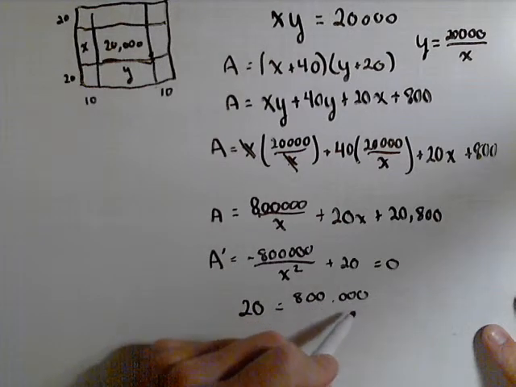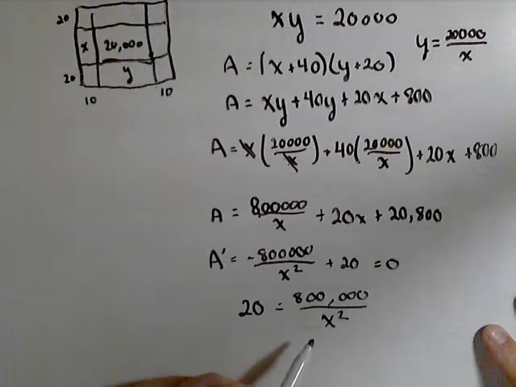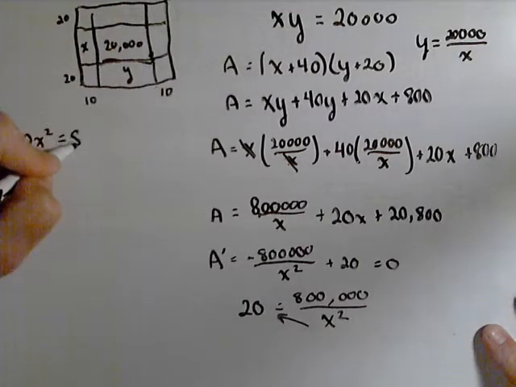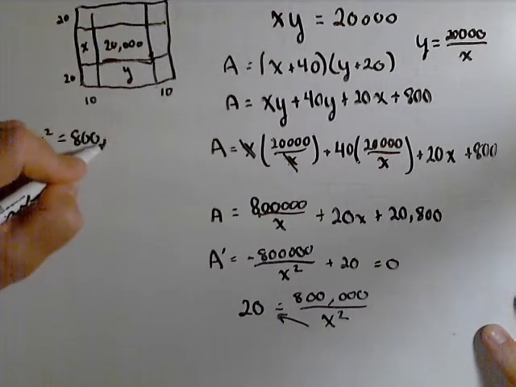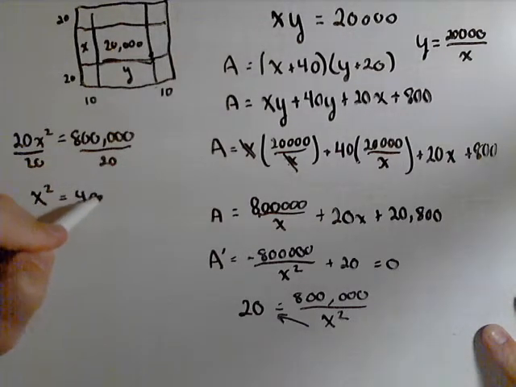800,000 over x squared. And now I can cross multiply the x squared. So coming up here, I got 20x squared equals 800,000. Dividing both sides by 20, I've got x squared equals 40,000.